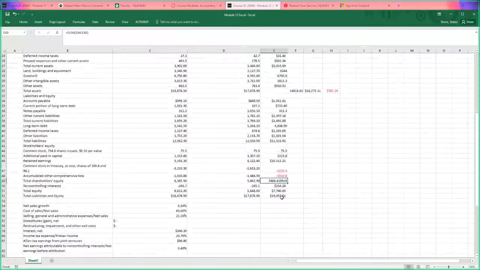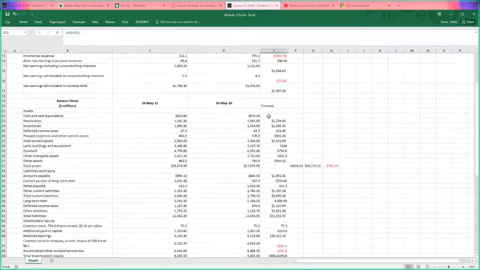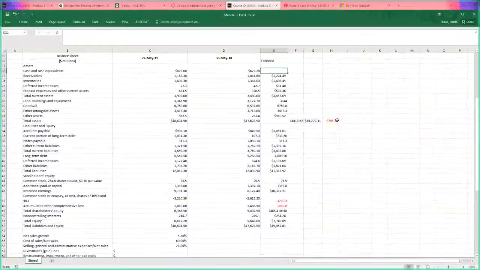Now, I had to back into the cash. You'll see we end up with everything, but we don't end up with cash. So what we have to do is plug the cash. What I did was add up land, buildings and equipment, goodwill, other intangible assets, other assets. Hold on a second.